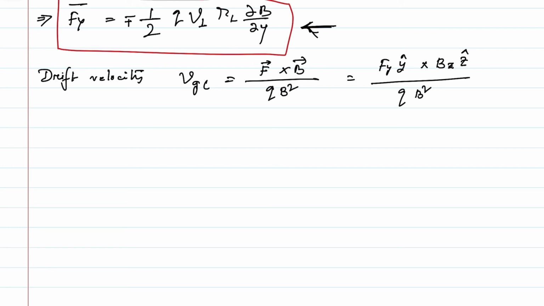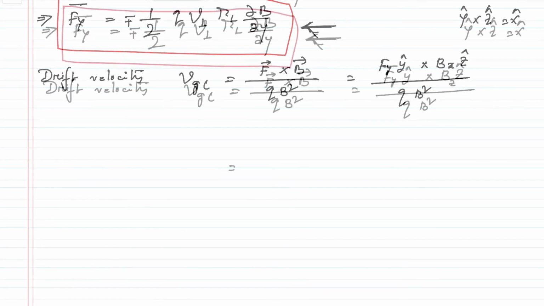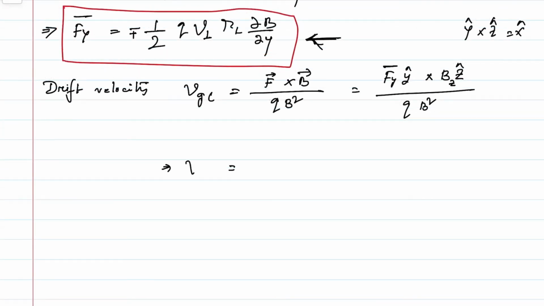The cross product of y cap and z cap is going to be x cap. So that's why v_gc will be the average of F_y into B_z, instead of B_z you can write directly B here, then q B square, along x cap.